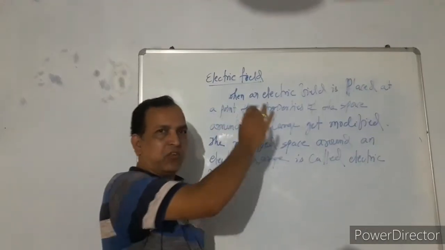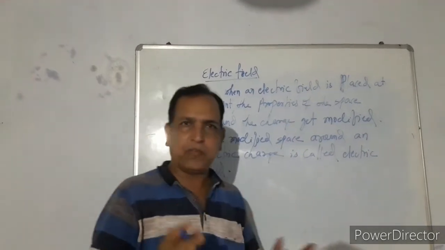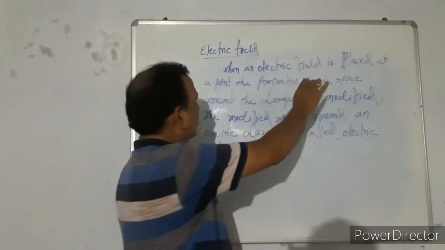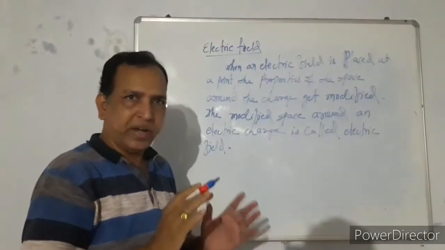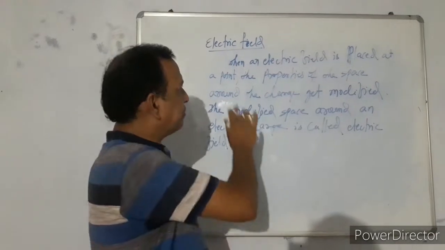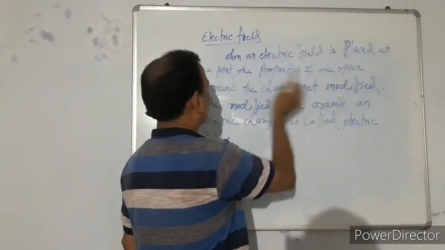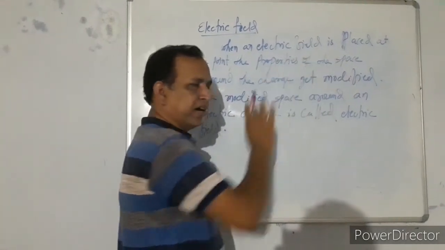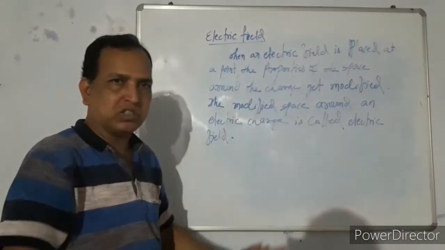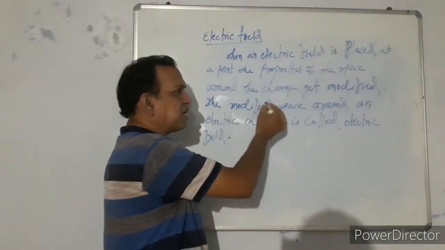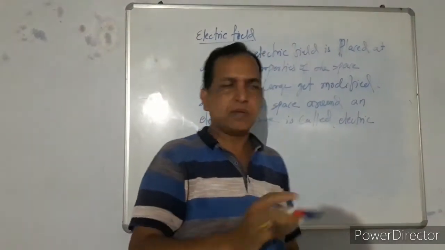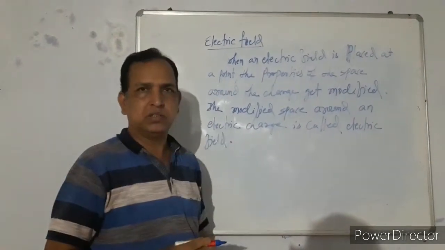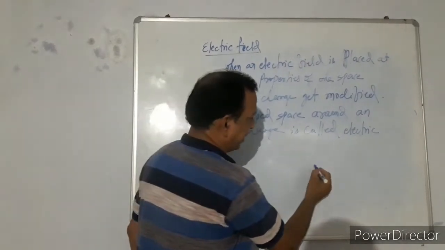Okay? Electric field. What is electric field? When a charge is placed at a point, the properties of the space around the charge get modified. The modified space around the electric charge is called electric field. Suppose a charge Q is placed at a point.